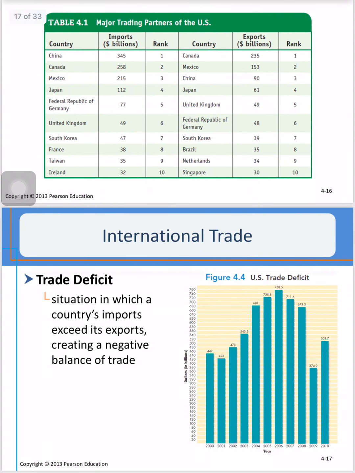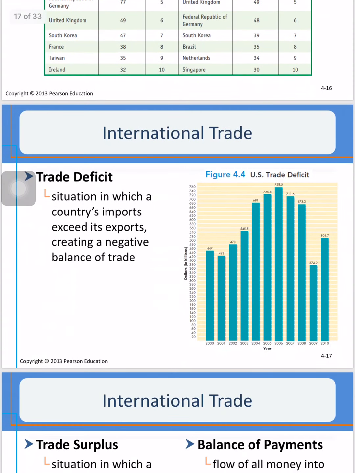Okay, so a trade deficit is a situation in which a country's imports exceed its exports, creating a negative balance of trade. This is what I mentioned before. If you see in your textbook or here in your slide, figure 4.4, the US trade deficit.